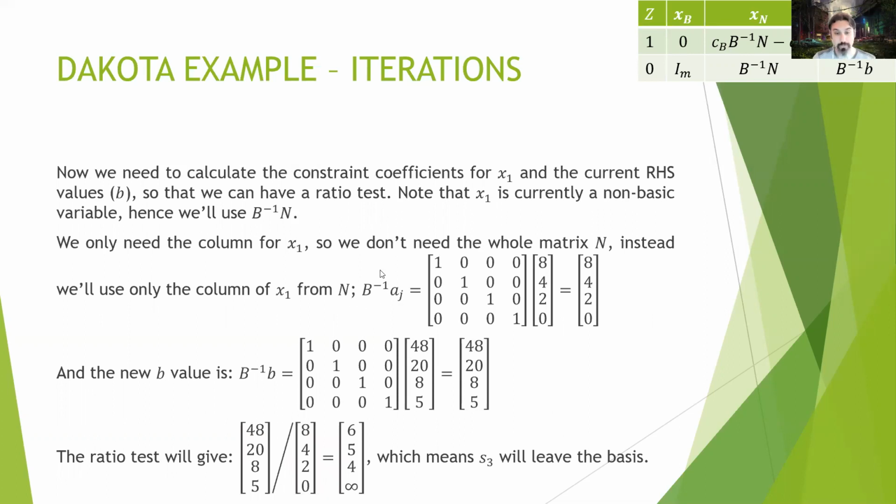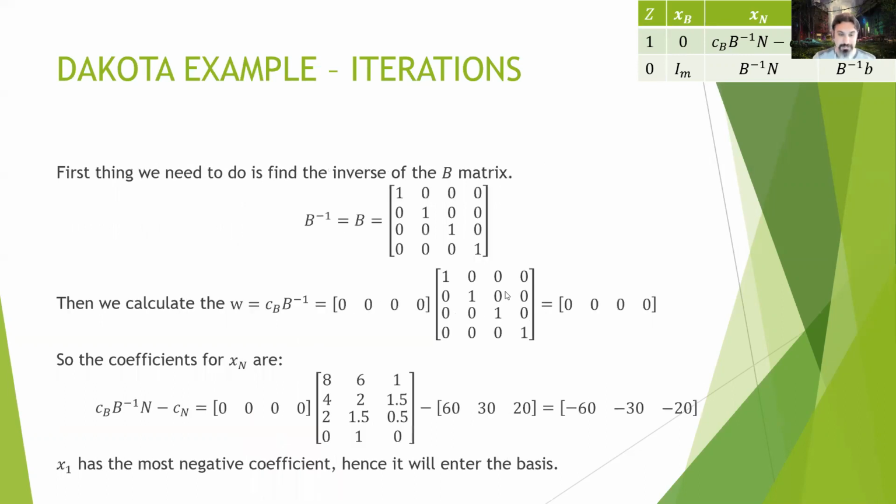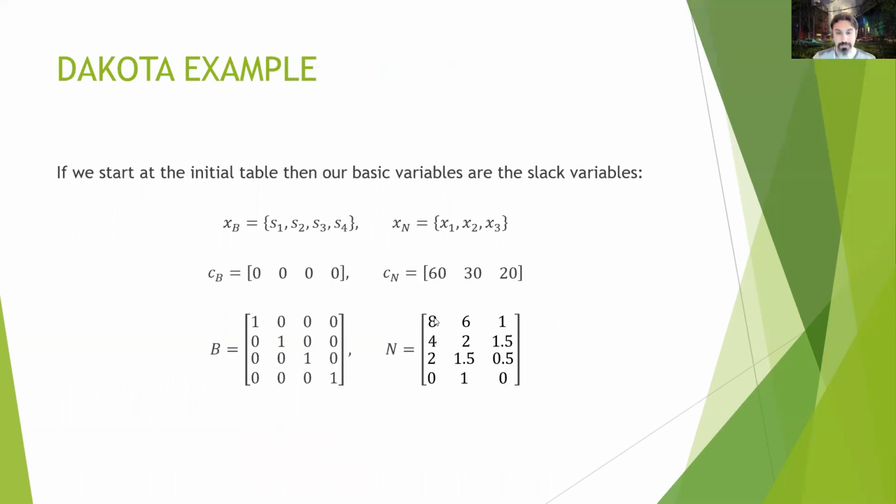So we already know B inverse is the identity matrix because it's the same as B. There's no change in that. And aj is, let's go back further, this one over here, because when we formulate N, you see x1, x2, and x3, this is xN, this is the order. The ordering is very important here. We can shuffle this order.